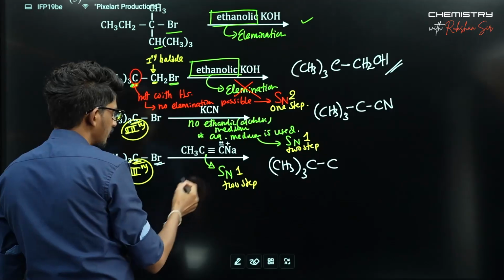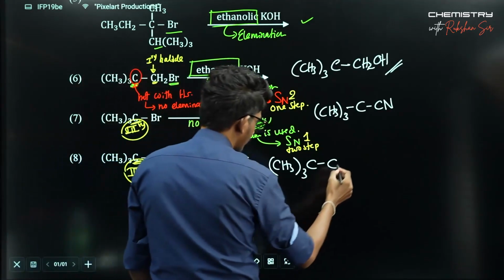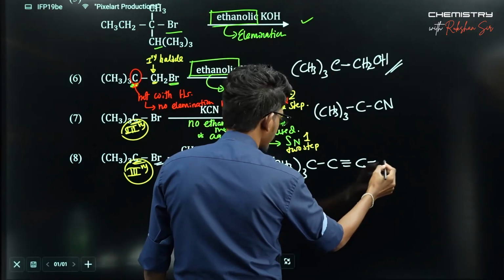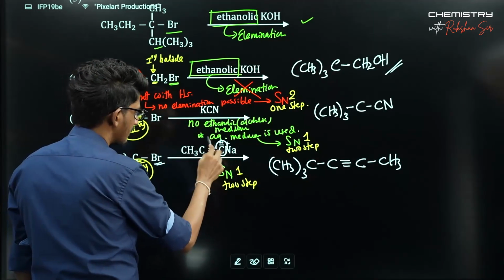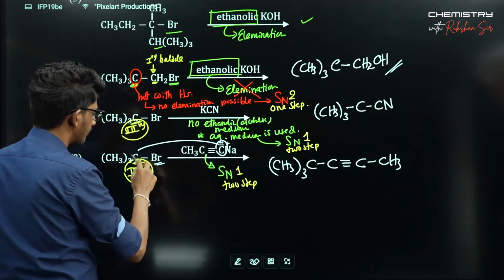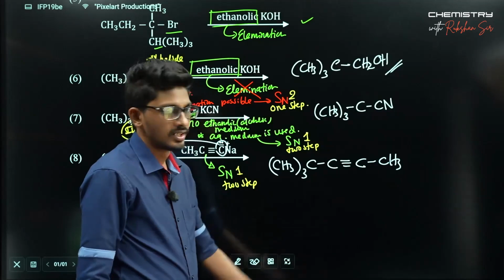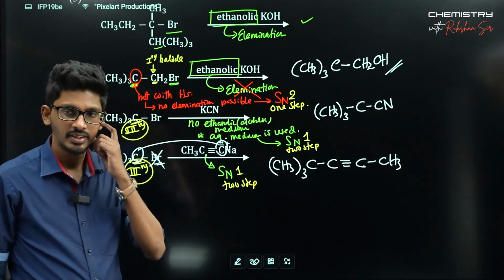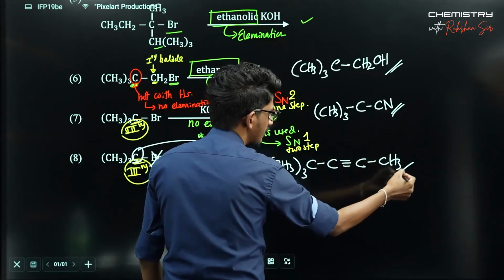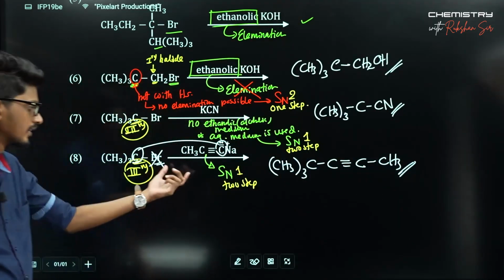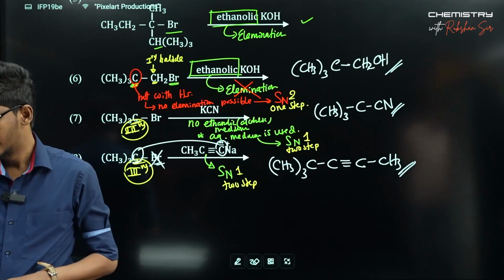Instead of Br, you have to connect this nucleophile. This carbon will connect with this, and this will leave. Okay, so that is how the products are formed. Things are clear, no? So you can write the two-step mechanism for this one.